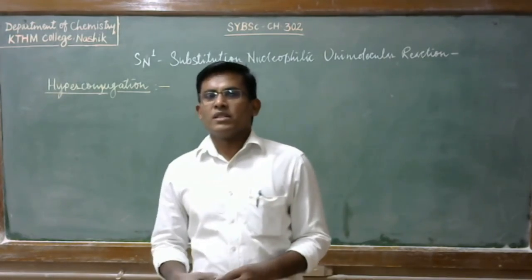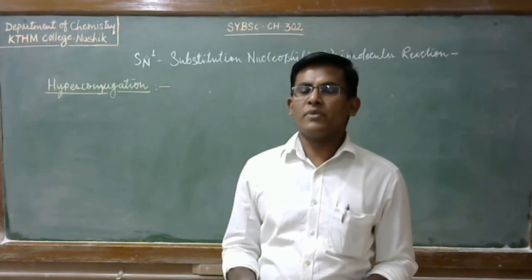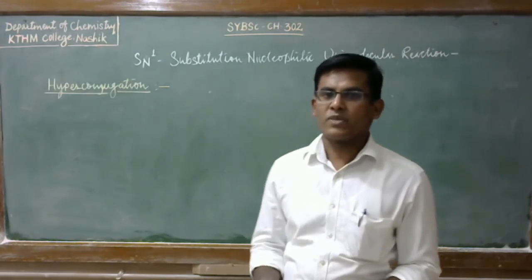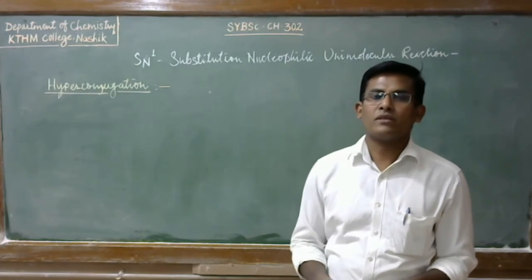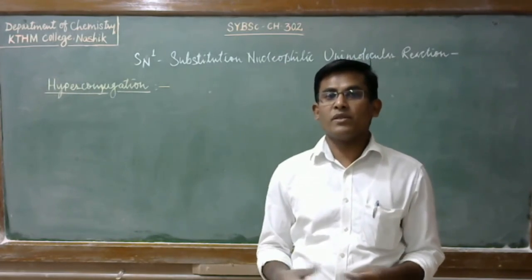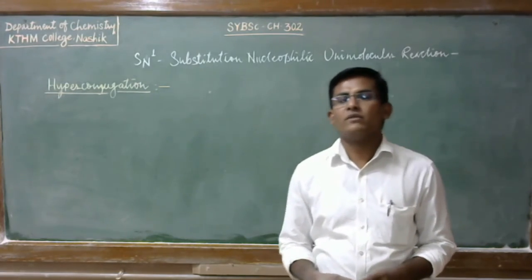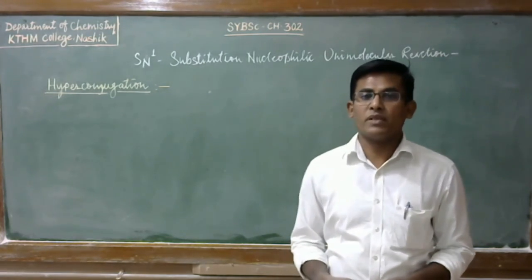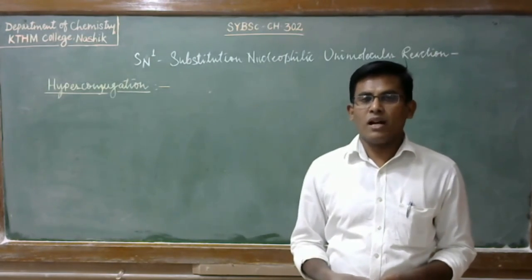The orbital of the adjacent CH bond can overlap with the empty p orbital of the carbocation. Movement of electrons from the bond towards the empty p orbital develops a charge on the hydrogen.